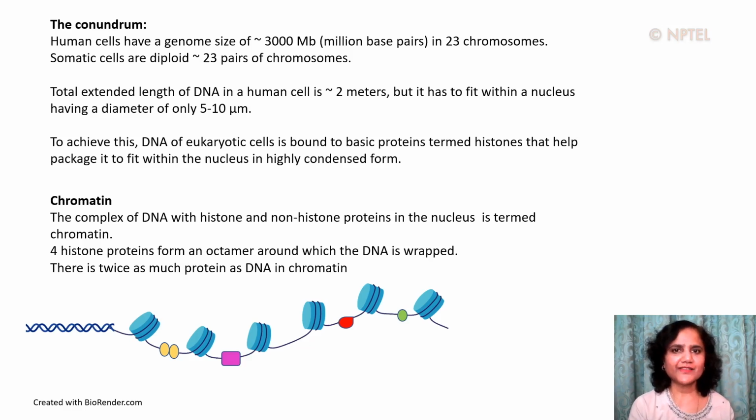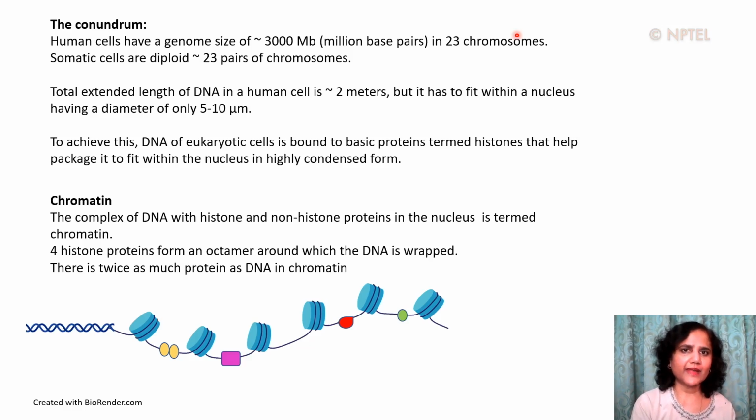Today we will discuss chromatin organization, that is, how is DNA packaged in the nucleus. The conundrum is that human cells have a lot of DNA that needs to fit inside the tiny nucleus. Human cells have a genome size of 3,000 million base pairs in 23 chromosomes.